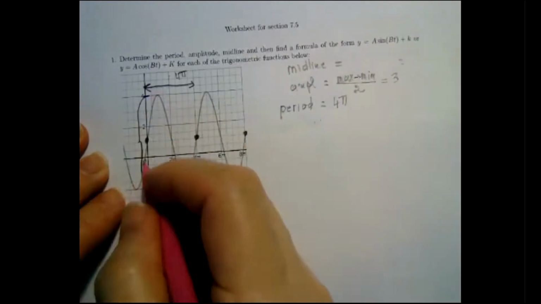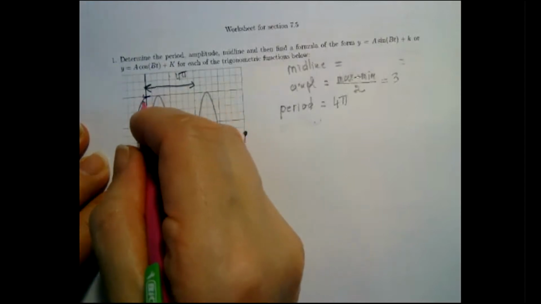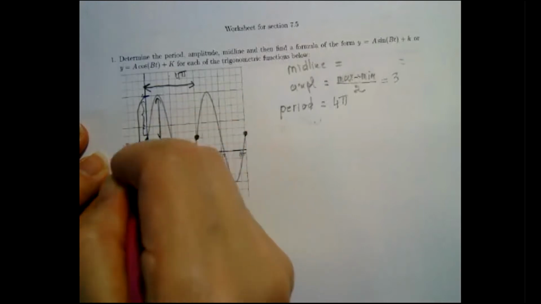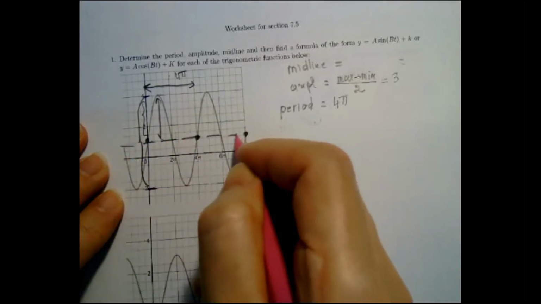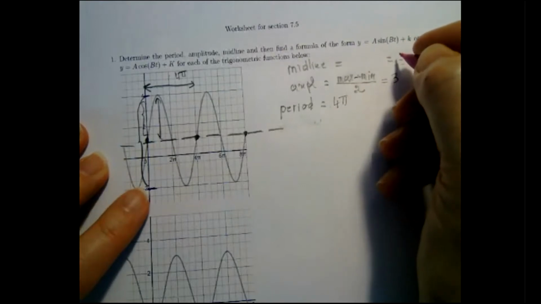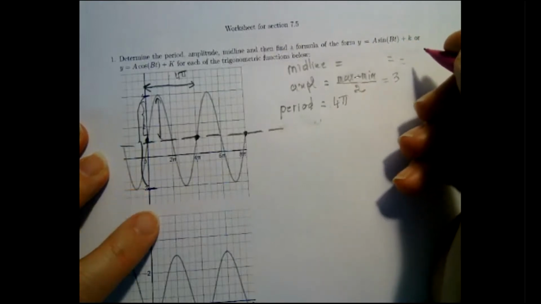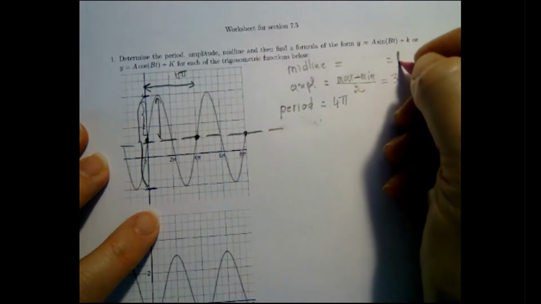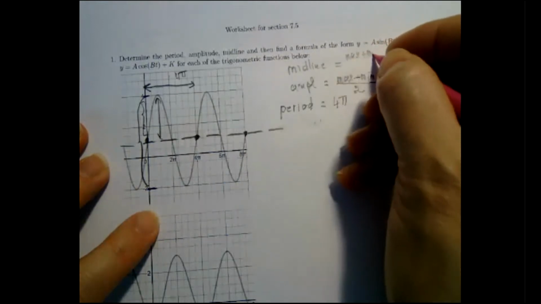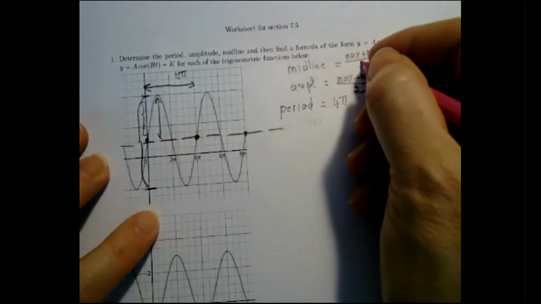And my midline is halfway. So from here to here, that's my amplitude, which is a 3. That's my midline. So the midline is equal to how much? 1. Exactly. It's the max plus the min divided by 2.